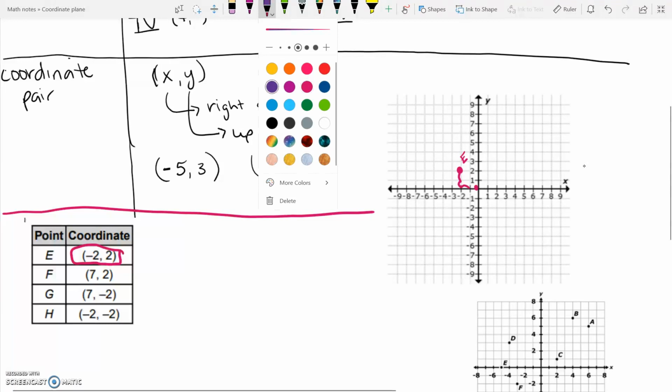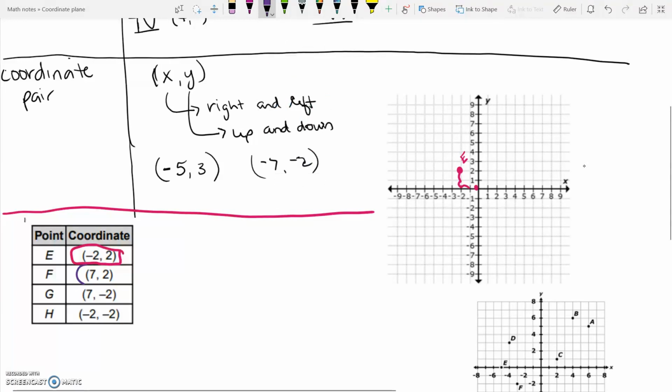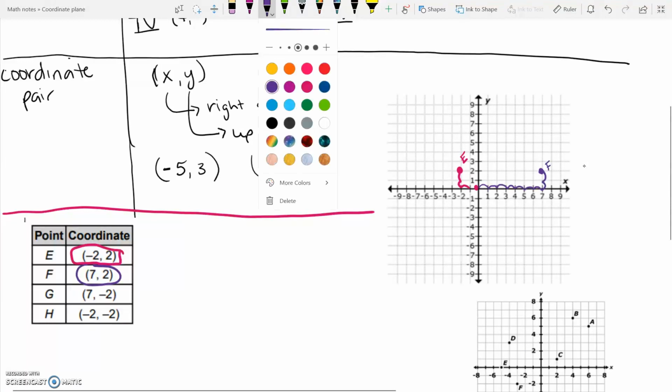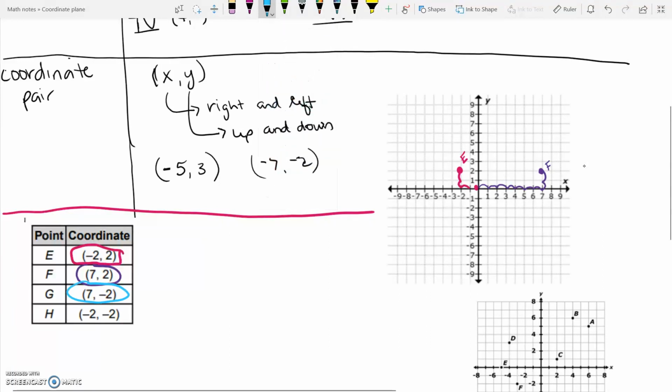Do a different color. Okay, so F is going to be 7 and 2. So I'm going to go over +7, so to the right, 1, 2, 3, 4, 5, 6, 7. Then I'm going to go up 2, so that is point F. And then we're going to go +7, -2. So we're going to go 1, 2, 3, 4, 5, 6, 7, down 1, 2.